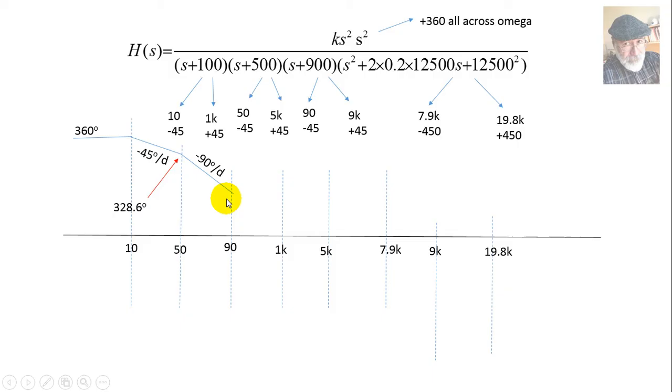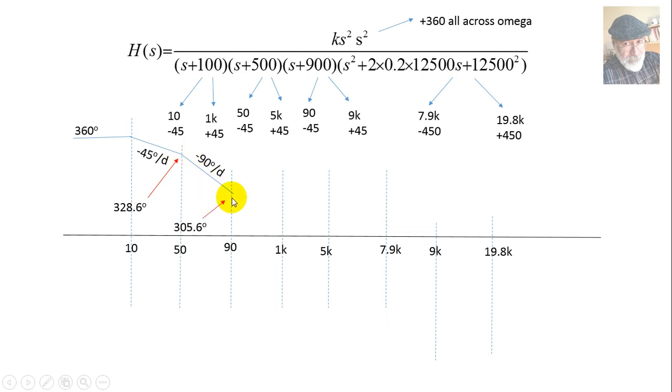We cave in. With the first two values, we have the value of 360 and 10. We have the slope between 10 and 50, and there is a drop that gives me the value here, 328.6 degrees. The same thing between 50 and 90 and the slope. We know the value here.